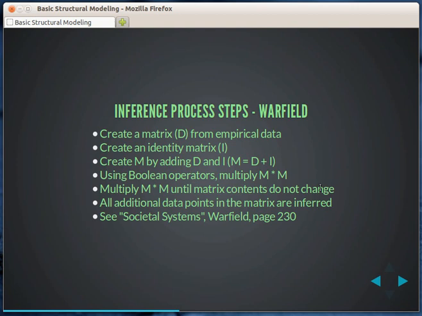The contents don't change. So this is a technique that was developed by Harari and others to actually show an inference type of technique mathematically over a group of objects that have the correct types of properties.